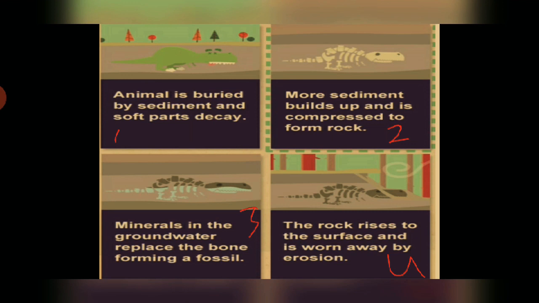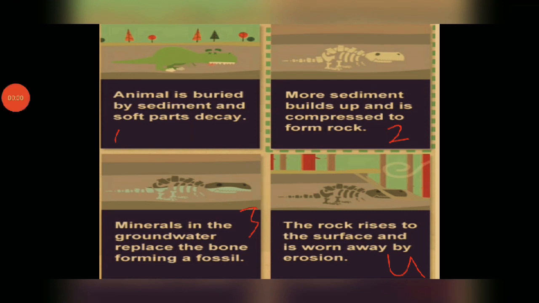Here the lithification process occurs: compaction and cementation. The sediment, like mud or sand, surrounds the bones and skeleton and compacts into rock.